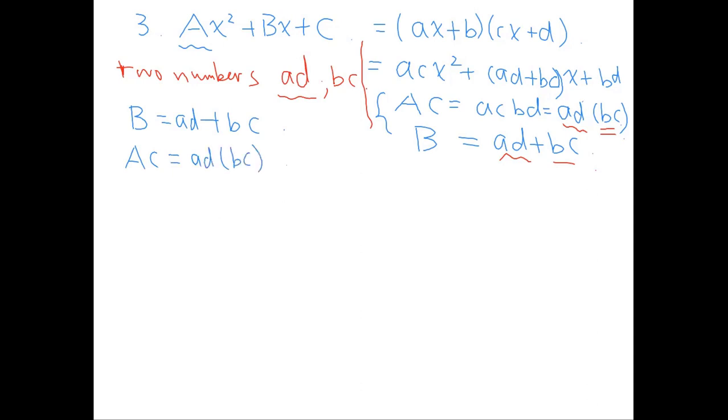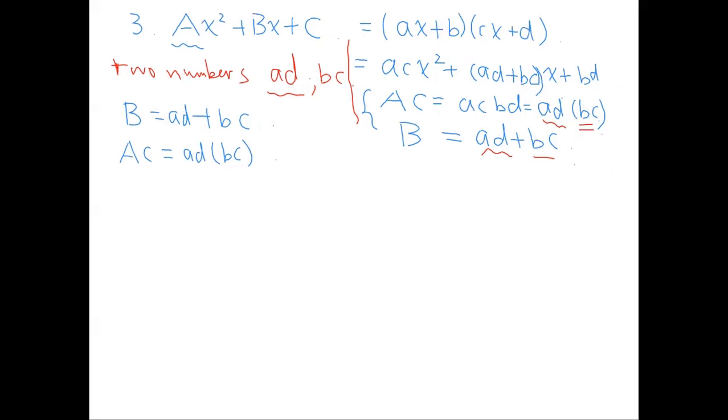It is very similar to the last time, when you have x squared plus big Bx plus big C. We try to find two numbers with product the big C and sum B. Okay, so let's take a look at how to factor.